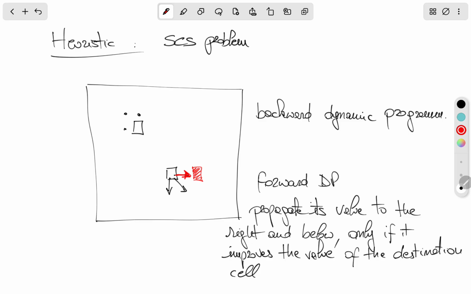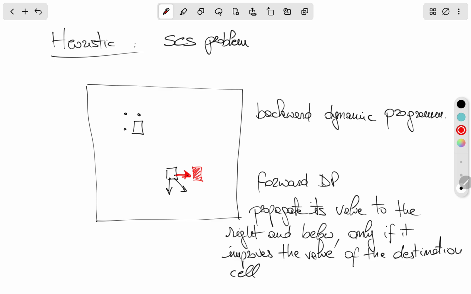So, okay, let's say the super sequence is at most 120 long. Now I refuse to propagate the value if it does not improve the value in the red state, or the value it wants to write is not better than my upper bound.